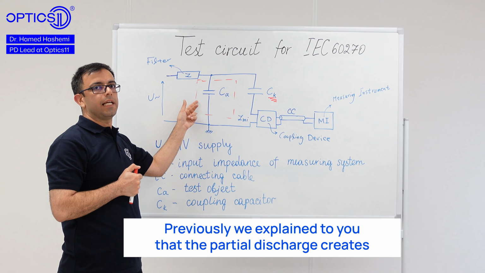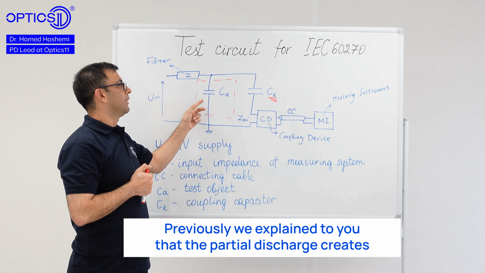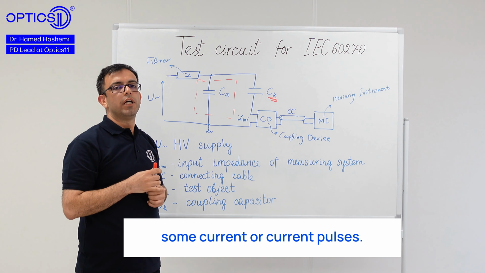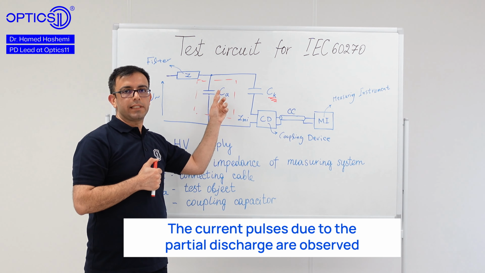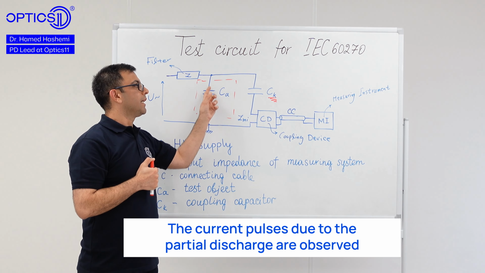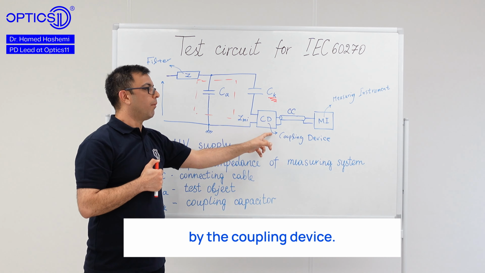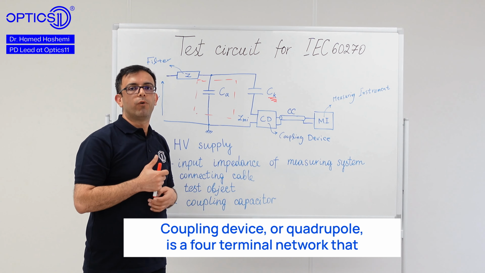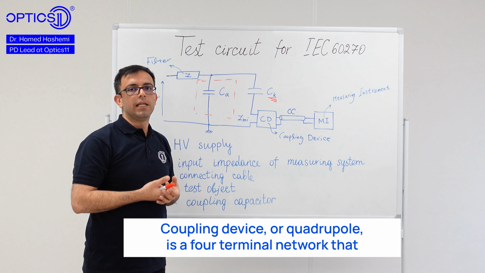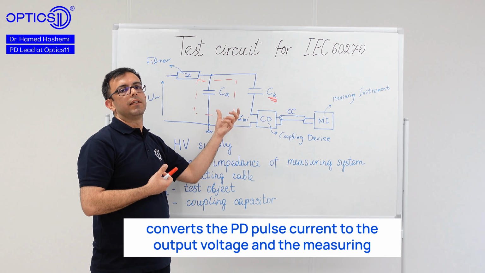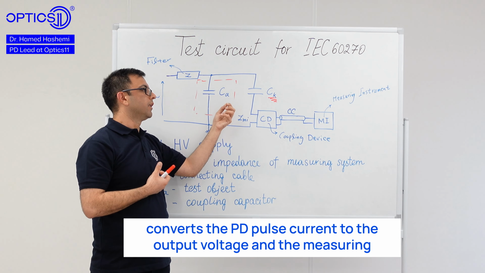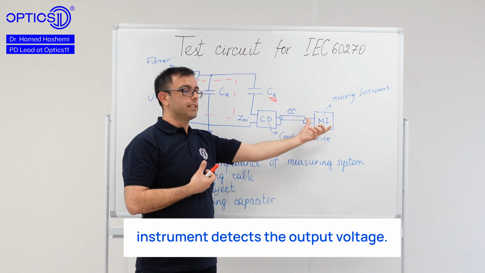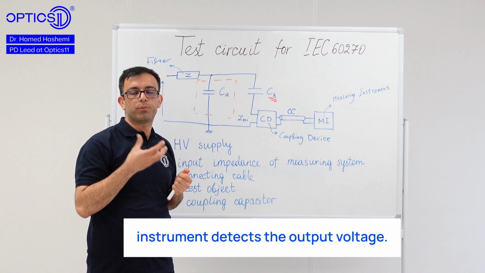Previously, we explained that partial discharge creates current pulses. The current pulses due to partial discharge are observed by the coupling device. The coupling device, or quadrupole, is a 4-terminal network that converts the PD pulse current to an output voltage, and the measuring instrument detects the output voltage.